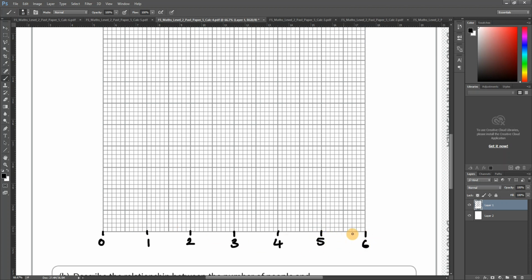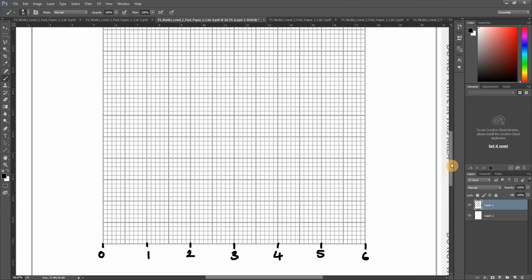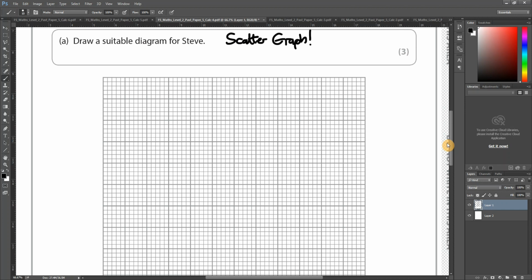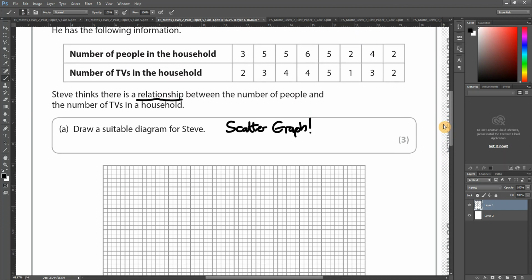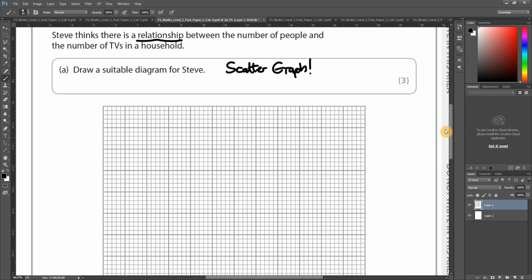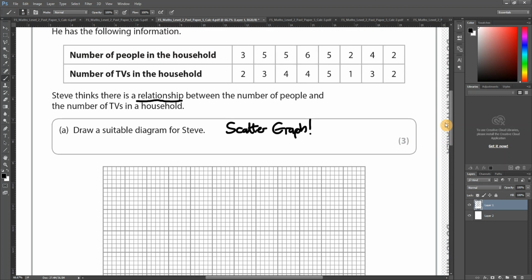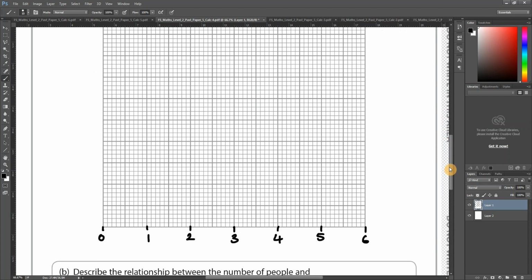And that makes sure that you use the whole graph. Make sure that you don't do a graph that's too small because it's going to be a bit weird. And then on the other side, you're going to do the same again. I'm going to use 2 boxes for every unit. So that's a 1 there, 2 there, 3, 4.